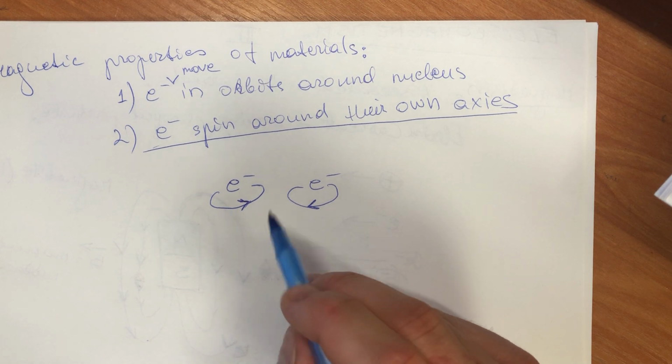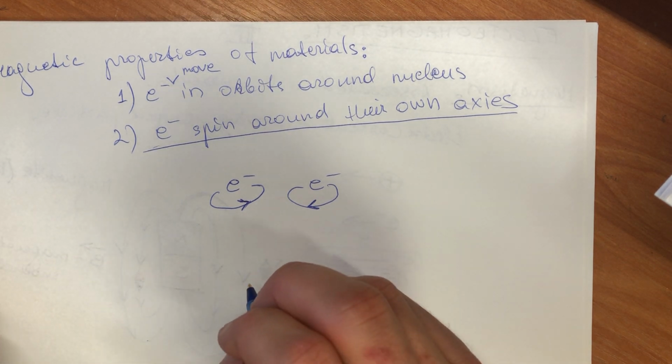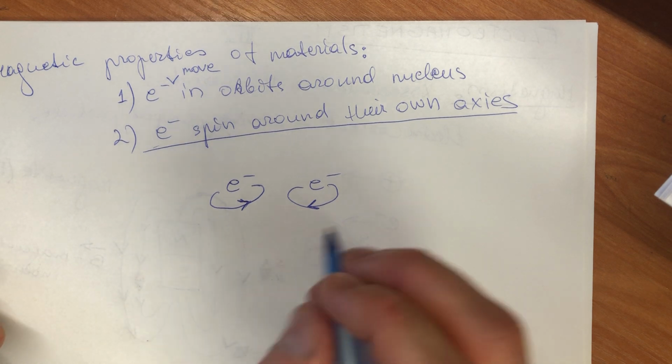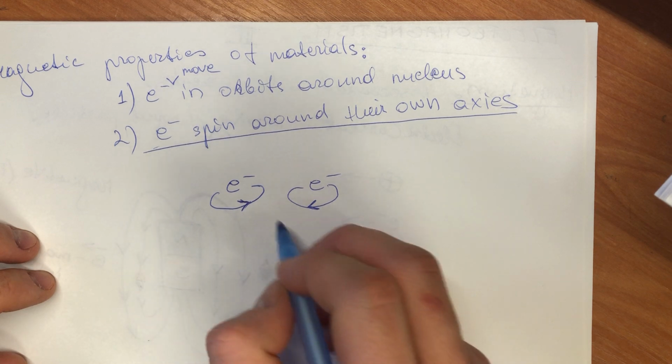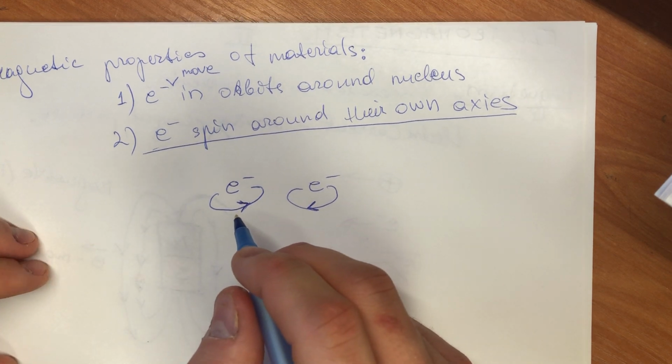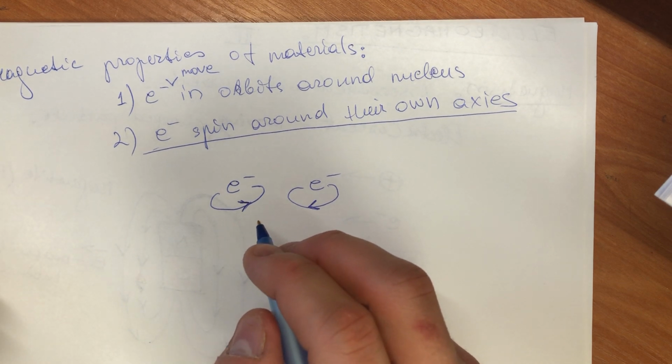Most materials are non-magnetic because the spinning of electrons is balanced.